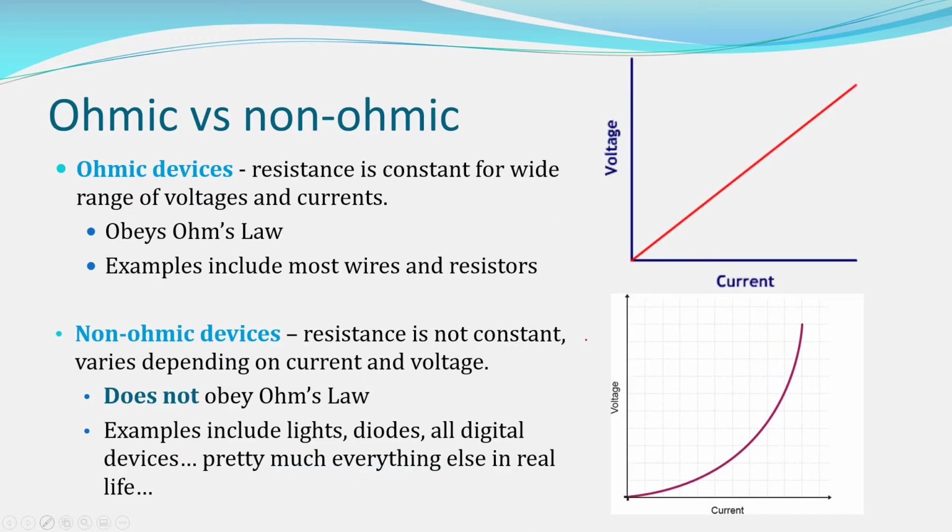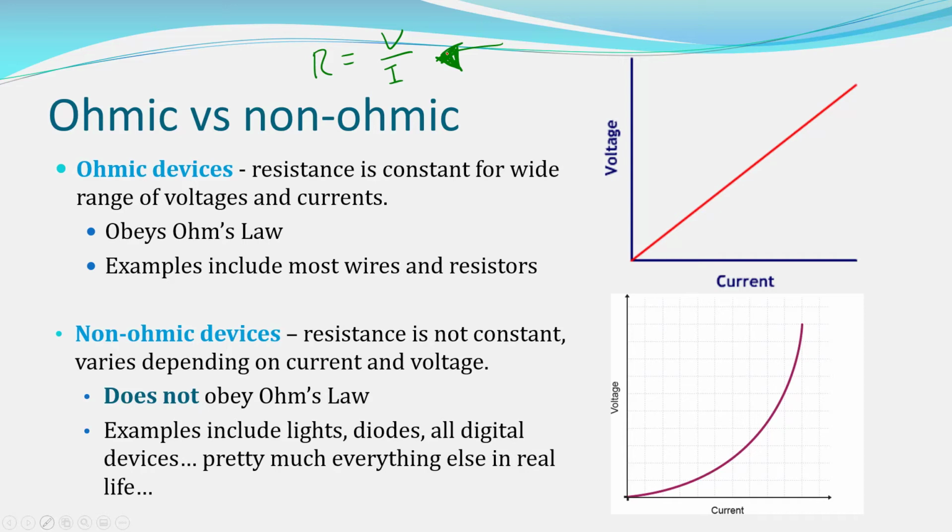And just to finish, and we'll do an experiment on this, we'll be looking at the property of an ohmic versus non-ohmic resistor. So we've learnt that the resistance of something is equal to the voltage divided by the current. Now, if we measure the current flowing through a wire at say 2 volts, and then we increase it to 4 volts, what this equation tells us is that if we double the voltage across that wire, we will double the current, which makes sense.